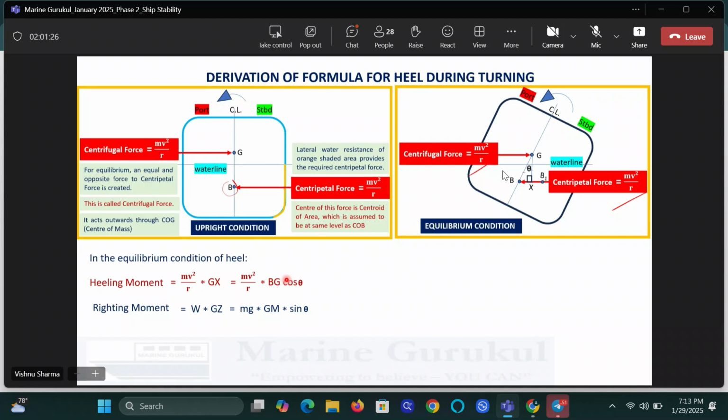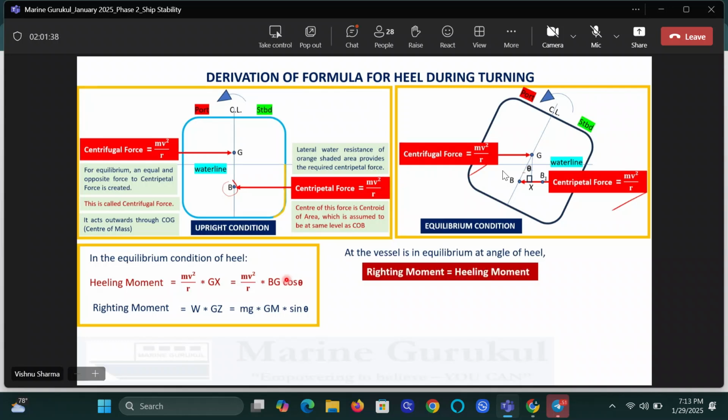And why does the ship stop heeling more? Because now the heeling and the righting moment have reached equilibrium, so they are both equal. So if I equate them, what do I get? mg into GM sine theta, which is the righting moment, becomes equal to the heeling moment, mv square upon r into BG cos theta.